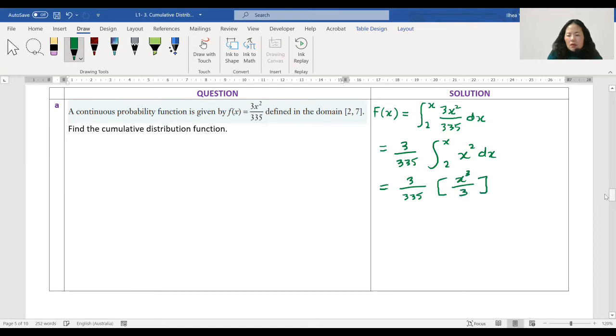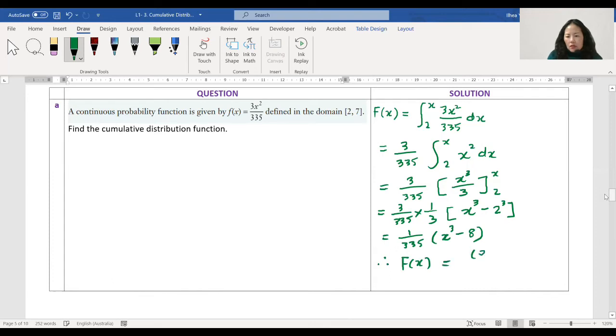This is just straightforward. So I'm taking the 1/3 out, and so we want x cubed minus 8 over 335. Therefore, my F of x equals x cubed minus 8 over 335.